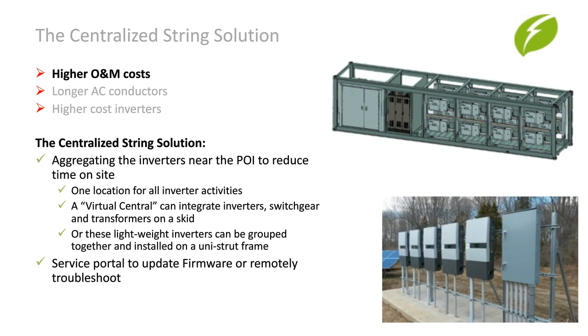Starting again with higher O&M costs, with a centralized string solution, you're grouping the inverters close to the point of interconnection. This can be achieved using a virtual central, which you see used in traditional central inverter systems. A virtual central will include a skid, inverters, AC switchgear, and a transformer.